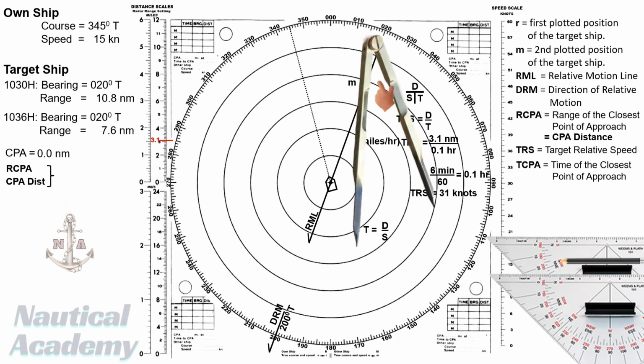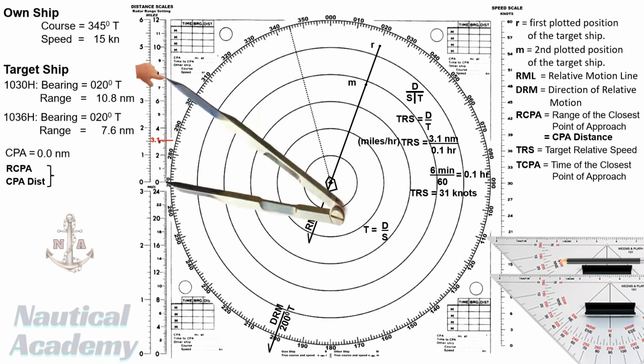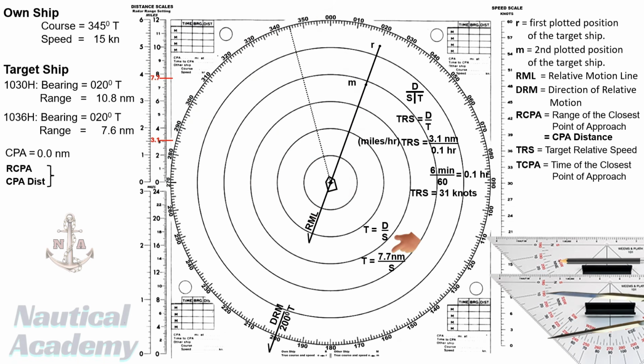The distance will be measured from the second observation, point M, to CPA. But in this example, it is the distance from point M to own ship position, which is at the center of the plotting sheet. The distance is 7.7 nautical miles. For the speed, it is the target's relative speed, which is 31 knots.